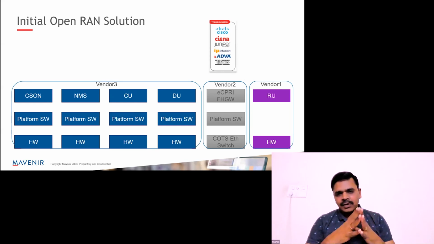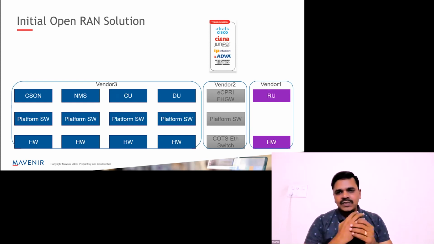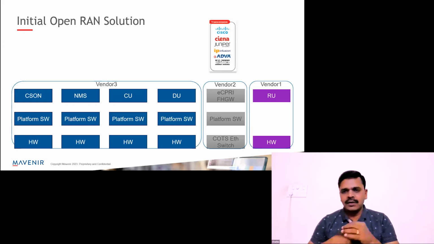By now we have already integrated more than 10 radio vendors as part of the Mavenir Open RAN solution, and more than 30 radio variants, including bands, antenna combinations, power combinations, and so on. Which means we can interwork with several different radio vendors with our software, including our own radio, which can interwork with any other vendors' RAN software.